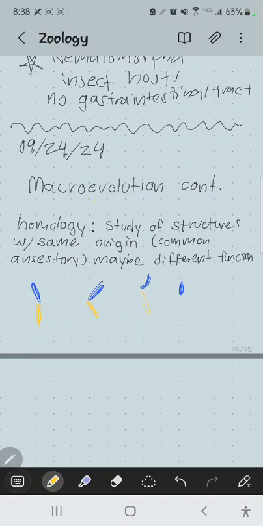Interestingly, sometimes you can see that in homology, if you look closely, like for example, we have five phalanges or 5 fingers. Like in frogs, there's four externally exposed fingers. The 5th one is reduced, or what's called vestigial. It's a reduced finger.